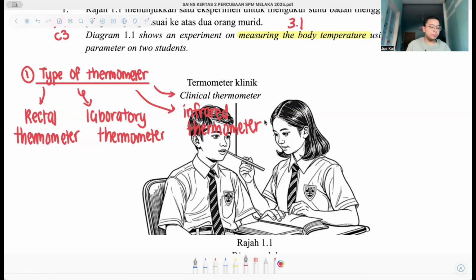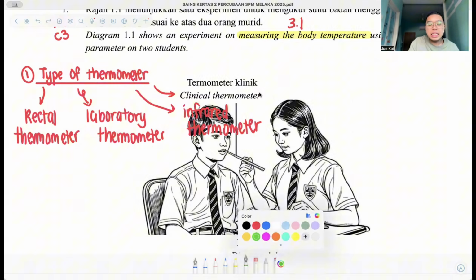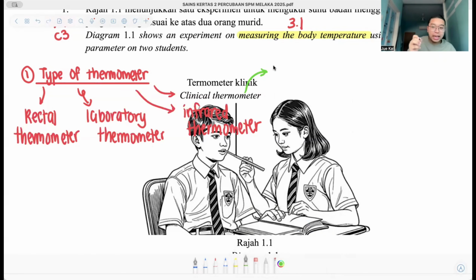The exam might ask you about the way to use those thermometers. For the clinical thermometer, you need to know it has a kink. The first characteristic of the clinical thermometer is that it has a kink.